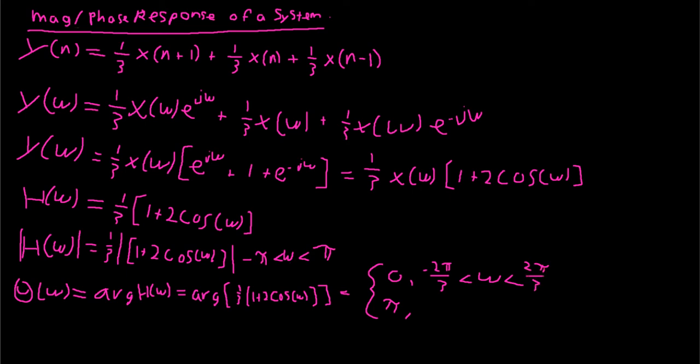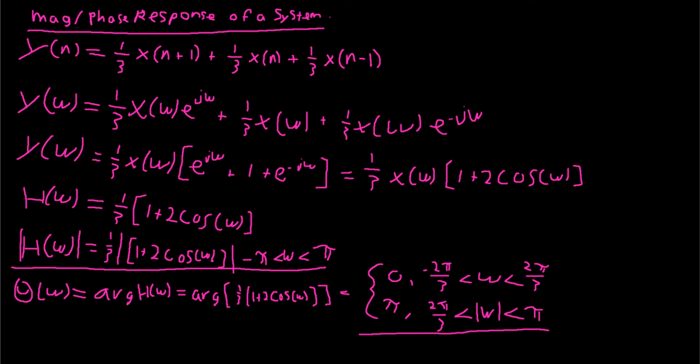That's going to be pi whenever the absolute value of w is greater than 2 pi over 3, but less than pi. And there we go. So we've got our magnitude response and our phase response of the system.